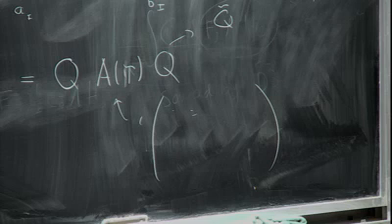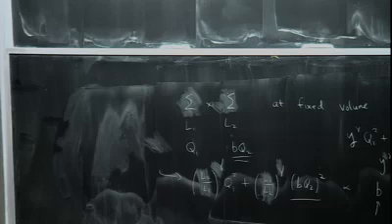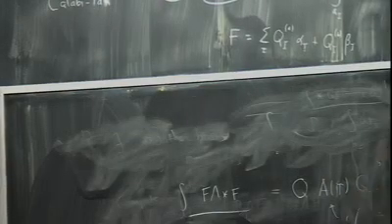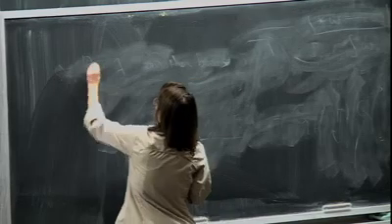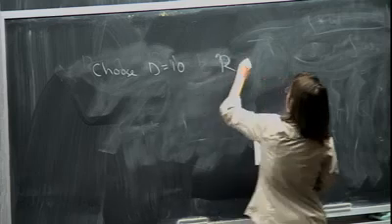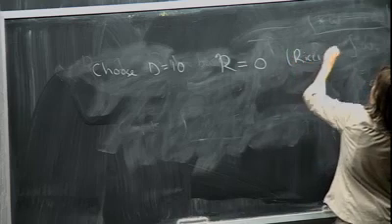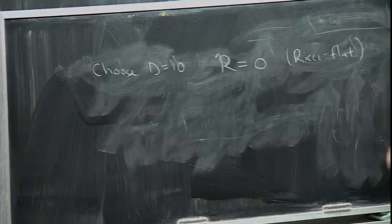So there what you do is, okay, I'll do a lightning review of that. So there you choose D equals 10, you choose R equals 0, because you choose a space which is classically Calabi-Yau, Ricci flat.